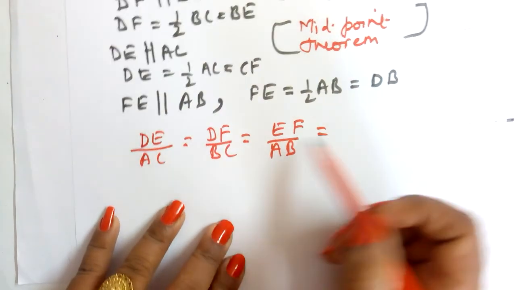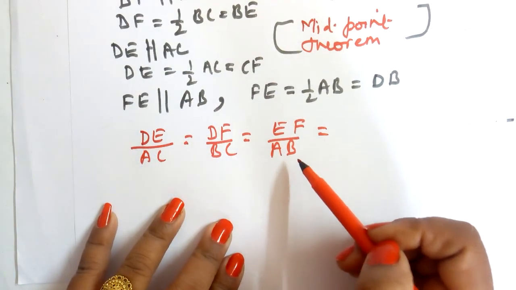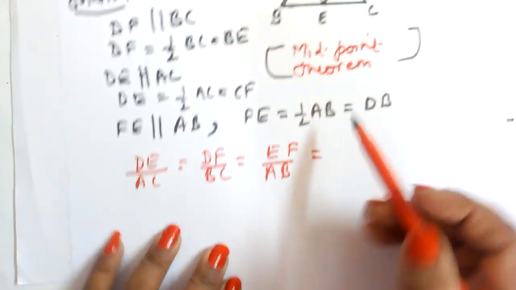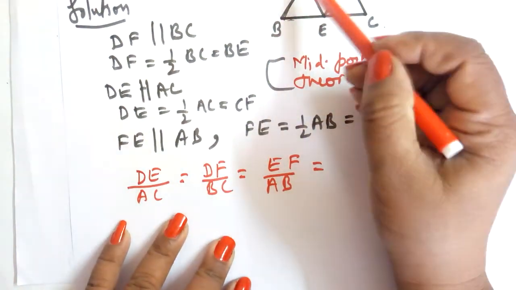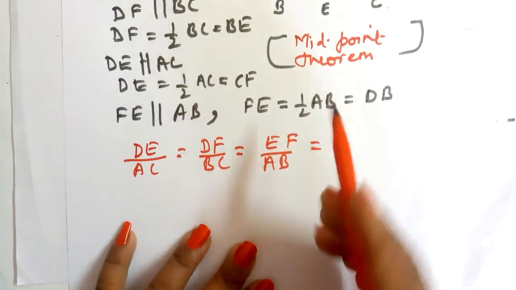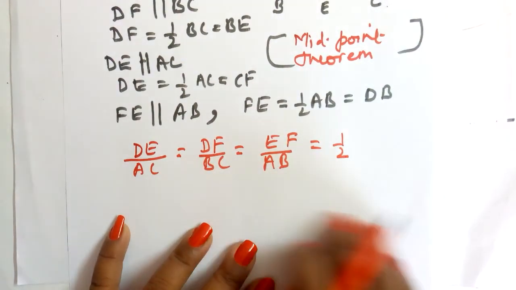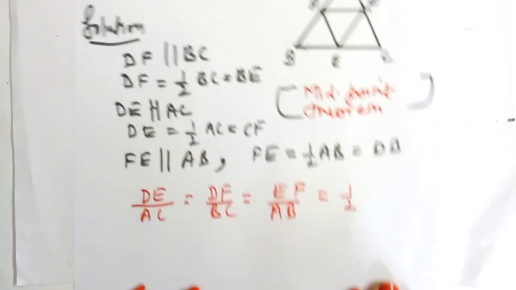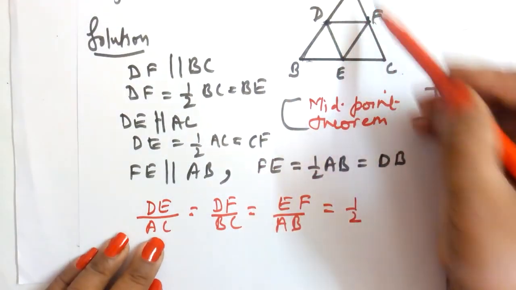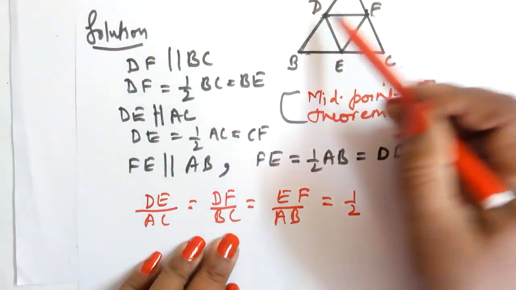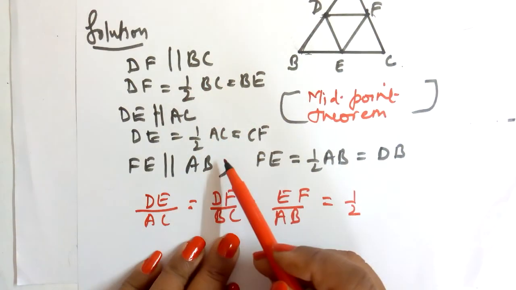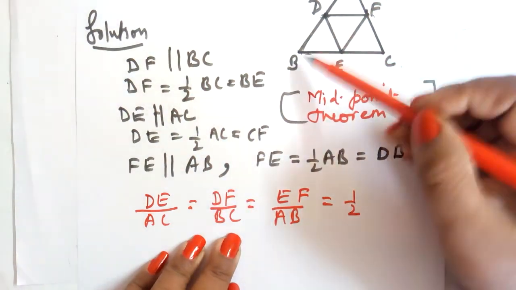So if we find the ratios of all three sides of triangle DEF and triangle ABC, the ratios are 1:2. How? Because DE is half of AC, DF is half of BC, as we have already written, and EF is half of AB.